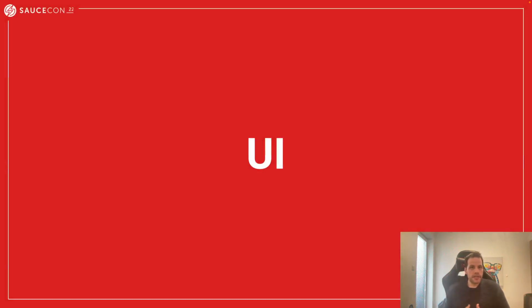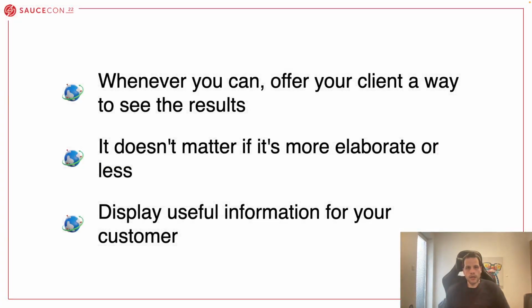And to finish, I wanted to talk about the UI. Not specifically any user interface, but about the concept of a user interface. If you have the possibility to offer your clients access to a results view, in any case, just do it. It does not matter if it's the most elaborate user interface in the world or something simple, as long as it allows you to see what's happening.